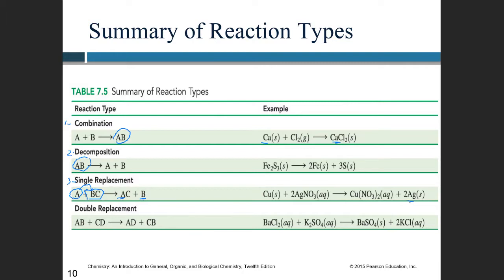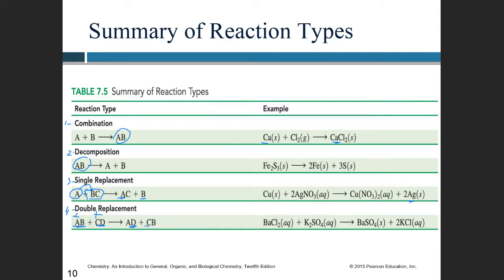The last example in our course is the double replacement. In this case, the AB reacts with the CD, and we said that the positive ions will switch. So the product will be AD plus CB.